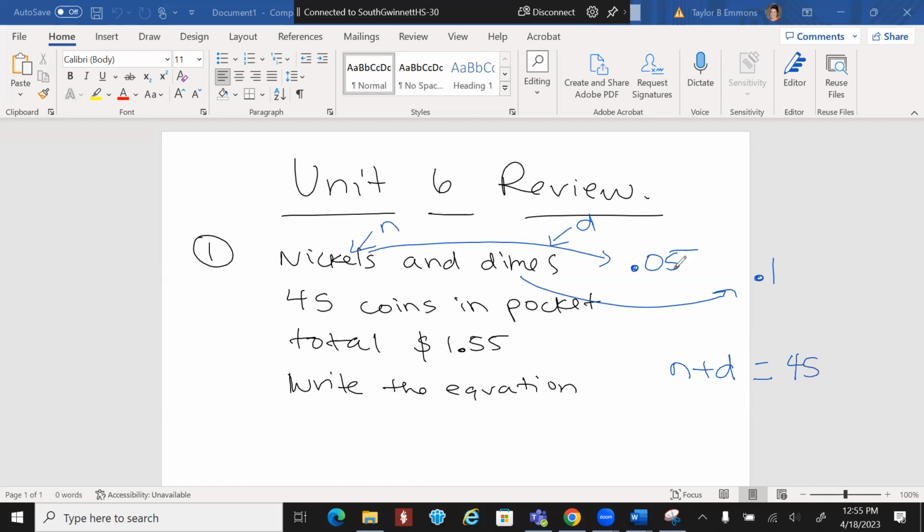Then you just told me that each nickel is 5 cents, and each dime is going to be 0.1. Our total number of dollars and cents is $1.55. I think you just mentioned on your Delta Math, it does ask you to do a next step, which is to solve. This question just asks you to write the equation.